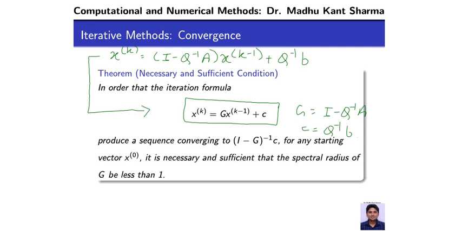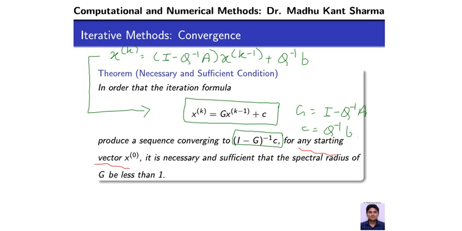In order that the iteration formula produce a sequence converging to the following, we are going to show that the sequence converges for any starting vector. This is very important. You can take any initial starting vector x0, for example the zero vector, or a vector with all elements equal to 1.